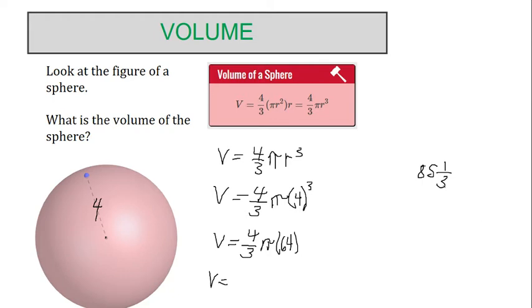as a mixed number. So now if I wanted to go ahead and write that as an improper fraction, I could get that it was 256 over 3. Then I'm going to go ahead and convert that into a decimal equivalent.